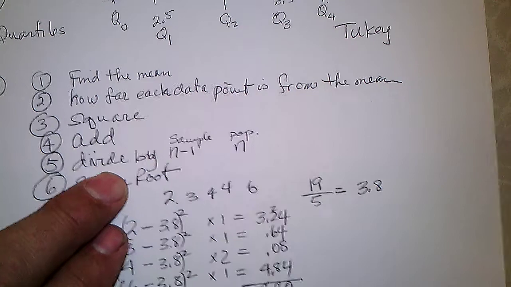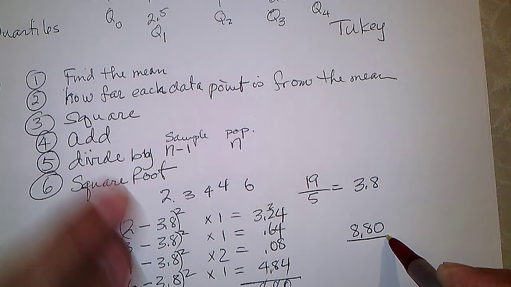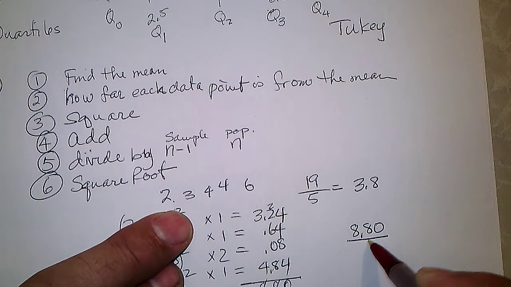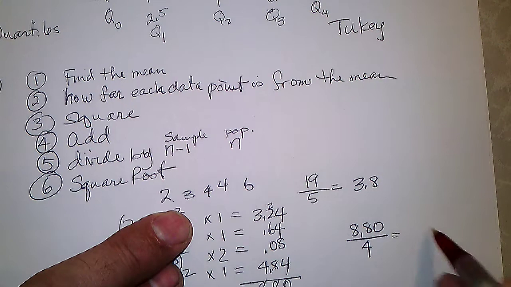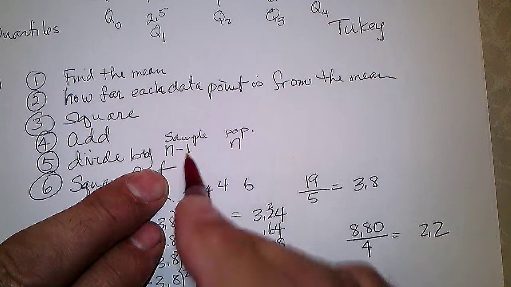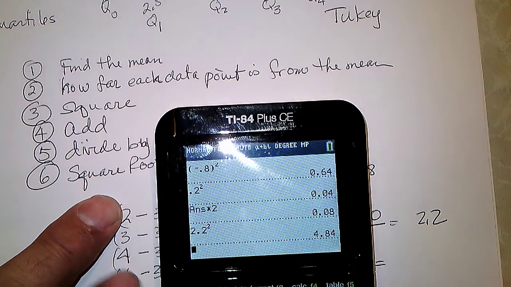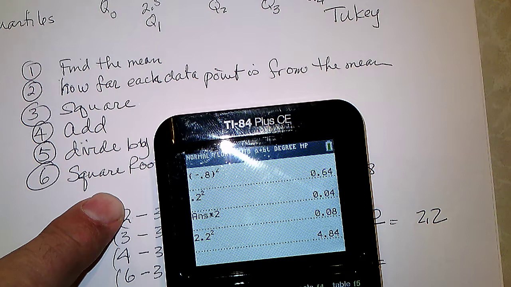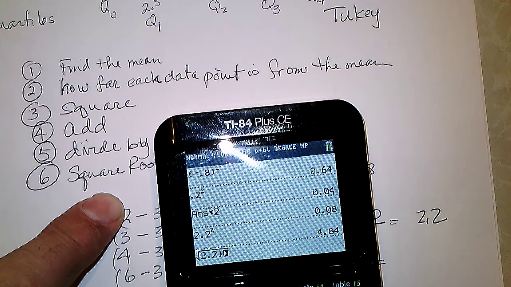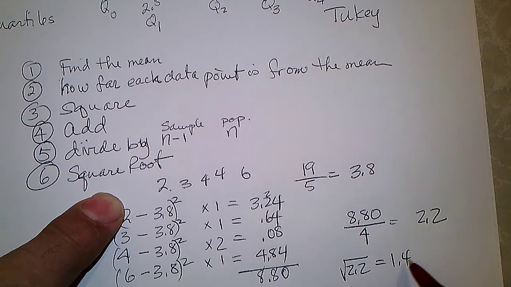Then I divide by n minus 1, so 8.80 divided by, I have 5 data points, so I divide by 4, which is 2.2, because this is a sample, and then I take the square root. The square root of 2.2 is 1.48. And that's the standard deviation.